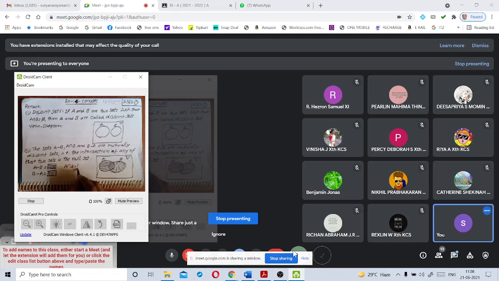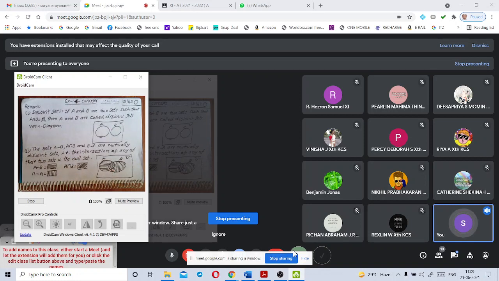The slant lines shaded region denotes A intersection B. If you observe these three regions, the horizontal shaded region, the vertical shaded region, and the slant lines shaded region, there is no element in common for these three sets. That is why they are called mutually disjoint sets.